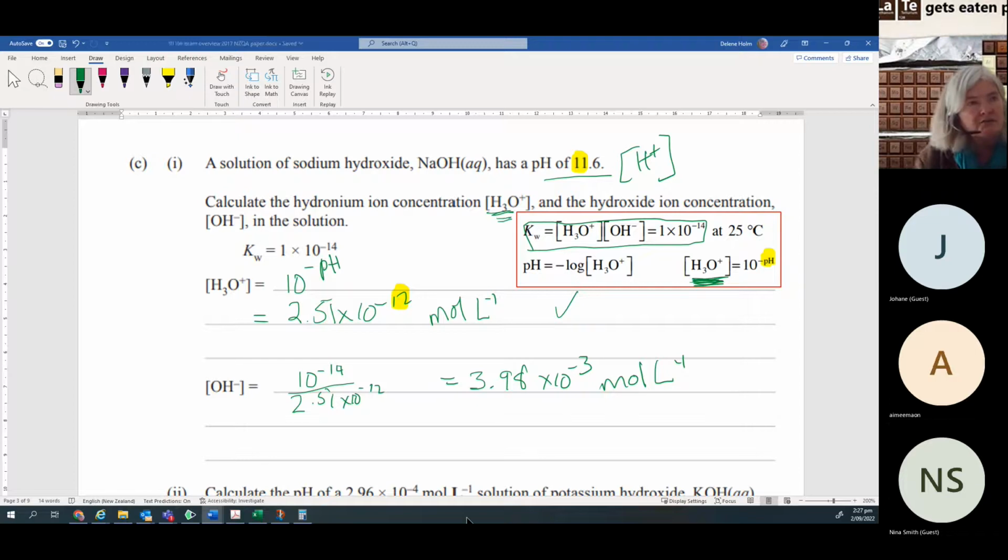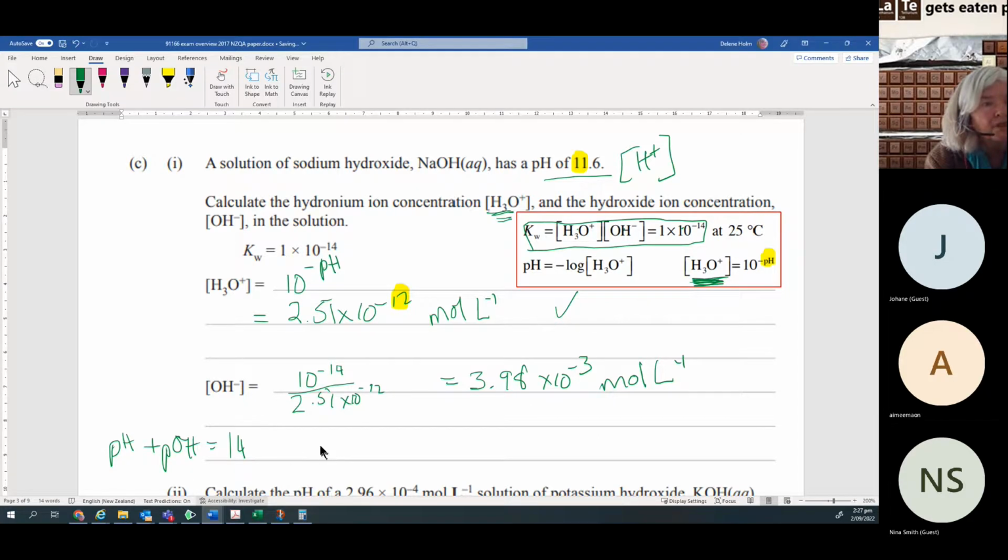The other way you could have done the OH, you could have said pH plus pOH is equal to 14. So in other words, the log of this plus the log of that is equal to the log of that.